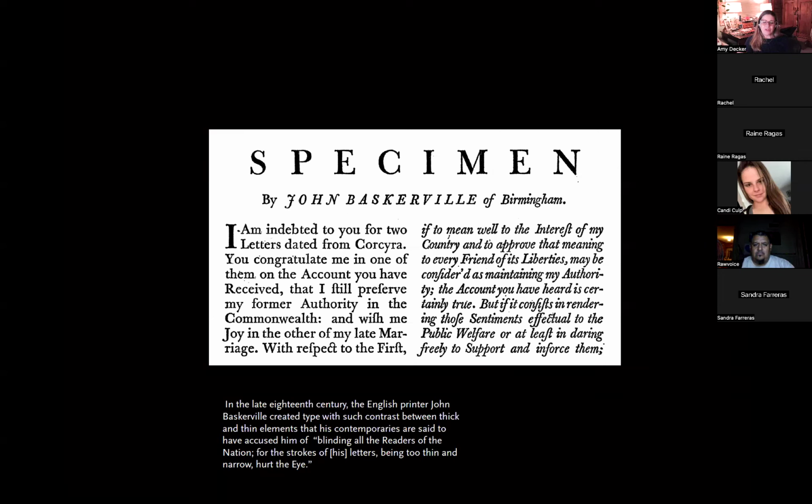So John Baskerville, in 1750 and through the 60s, sought to surpass Caslon. You know, they were all in competition with each other. They wanted people to come to their print shop. So each print shop had their own typefaces. And so here we are in England, and he wanted to explore that thick to thin contrast even more.